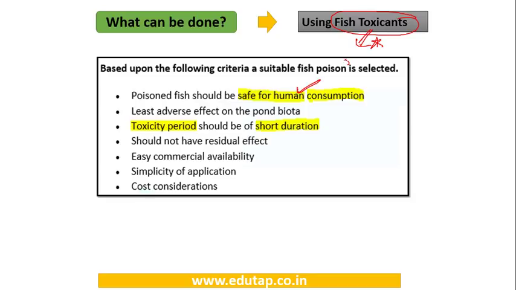That means the poison that we are using should not be poisonous for humans. This is a very important point, right? And it should not have adverse effect on the other species present in the pond. It should not disturb the environment. The toxicity period should be of short duration. So these are some of the important points. Just kindly keep them in mind.